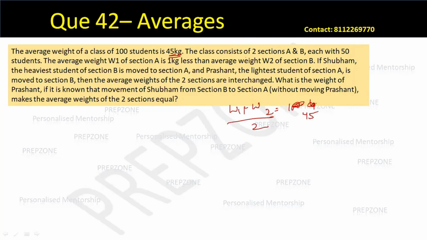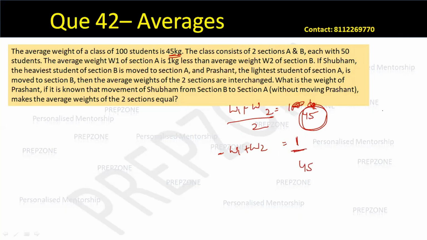Because what we said was the average is 45 kg. So the average weight of A plus the average weight of B, by 2, should be equal to 45. And the difference between the average weights is 1 kg less, right? Which means W2 minus W1 is equal to 1. You can just visualize it: the average of both should be 45, and their difference should be 1.